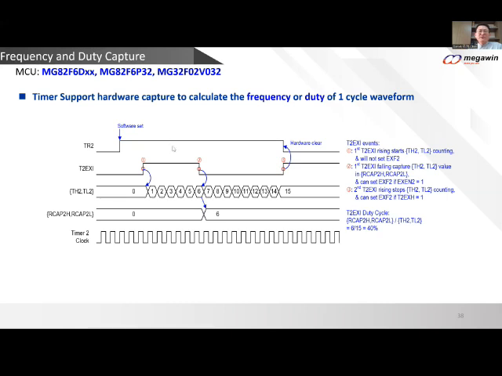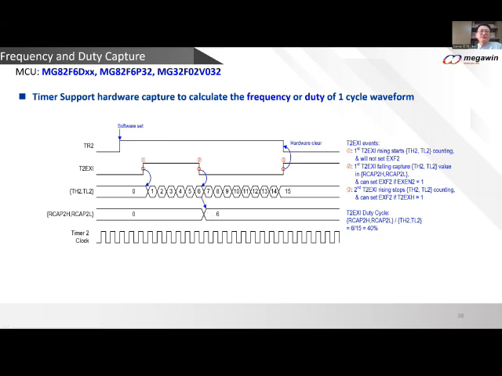And also, if you are trying to measure a tiny pulse, then using the normal capture mode is not possible, because when you capture the first edge, the second edge arrives, but you need to move all the counter data to the RAM.